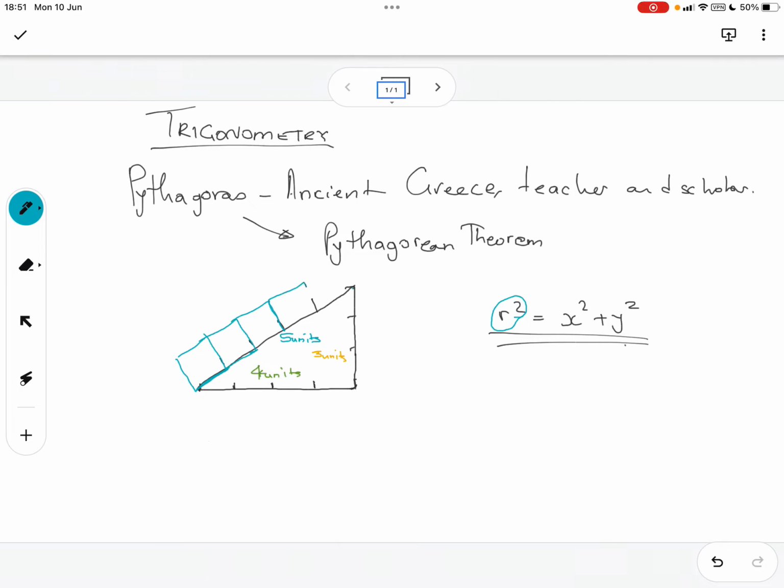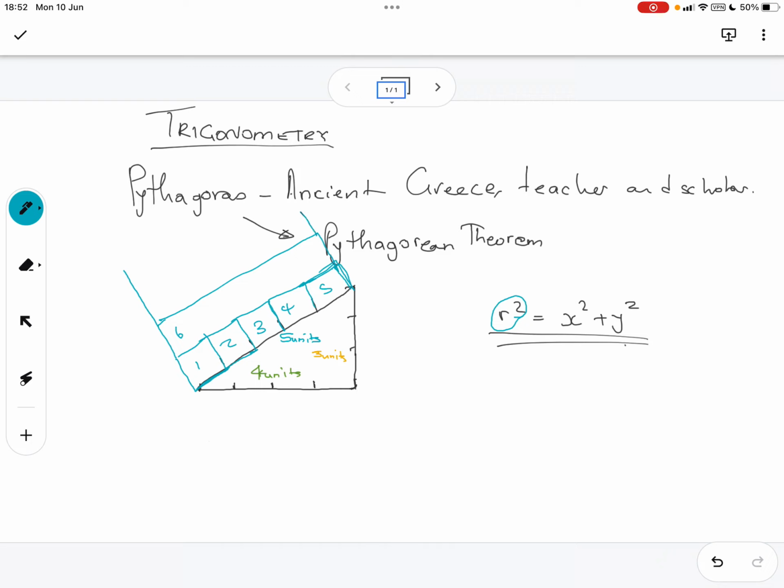So when I square it, this length 1 becomes 1 by 1. So I have a square there. This length also becomes 1 by 1. And I'm going to do that for all of these sides.